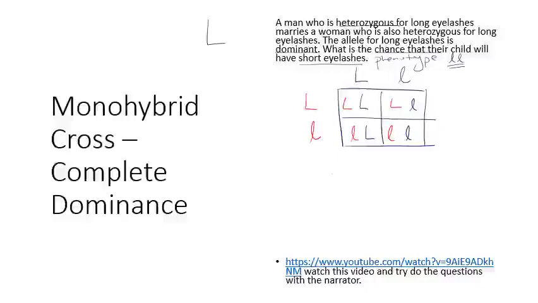So what is the percentage chance? We know each block represents 25%. So there is a 25% chance of having a child with short eyelashes.